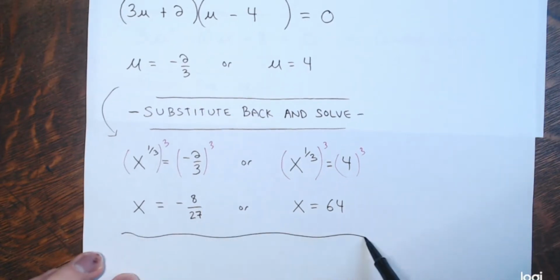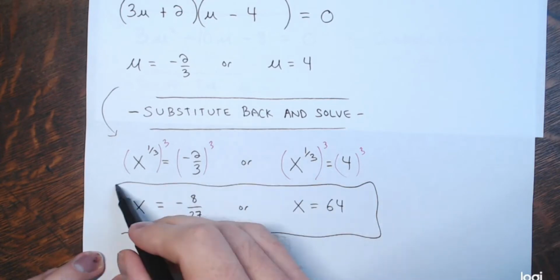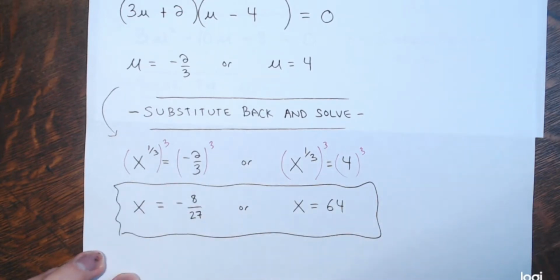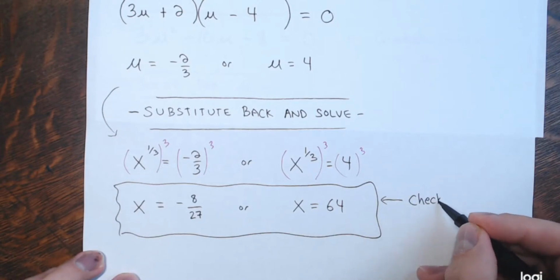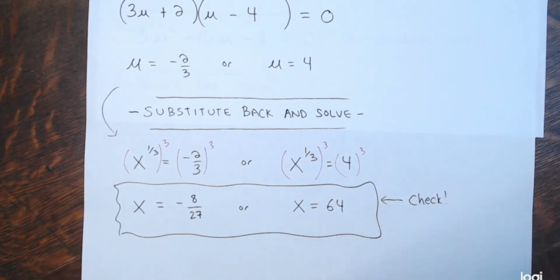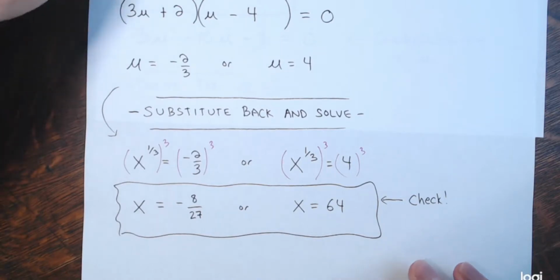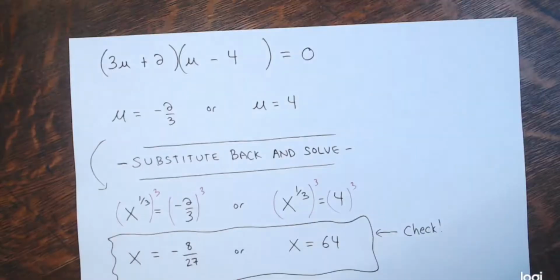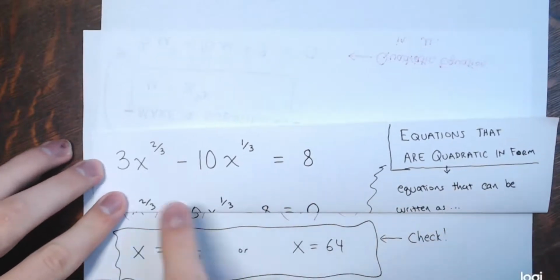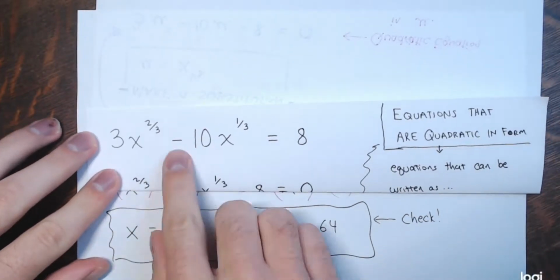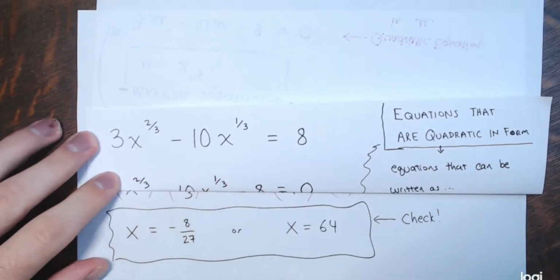These are values of x that should satisfy the original equation, but don't forget to check them. Check these back in the original equation. So here's the original equation again, way back here. It was 3 times x to the 2/3 minus 10 times x to the 1/3 equals 8.